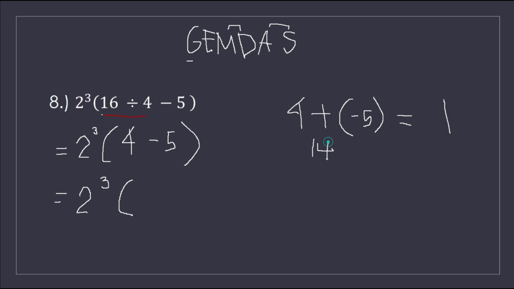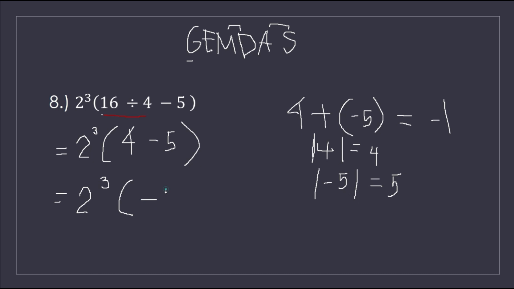These two vertical lines mean absolute value. The absolute value of 4 is positive 4. The absolute value of negative 5 is positive 5. So the absolute value of negative 5 is higher than the absolute value of 4, so we copy the sign of negative 5, which gives negative 1.